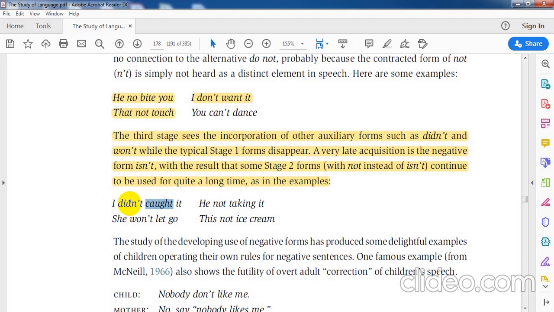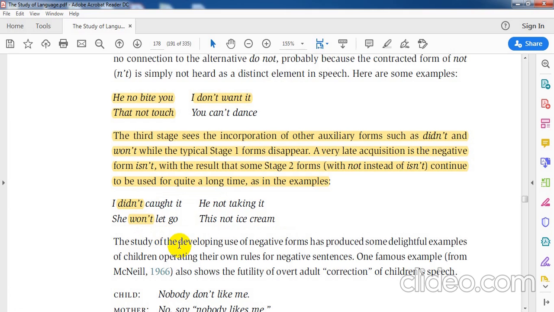But what is important to note is the use of didn't. This stage is very important because it witnesses additional usage of the auxiliaries in the negation of sentences. "She won't." Again, here is another usage of will not, or won't.